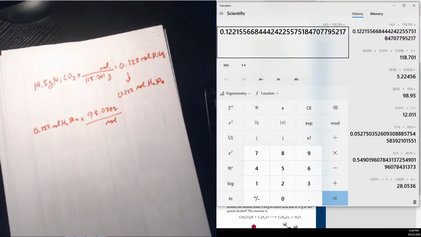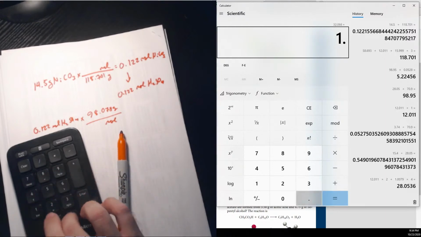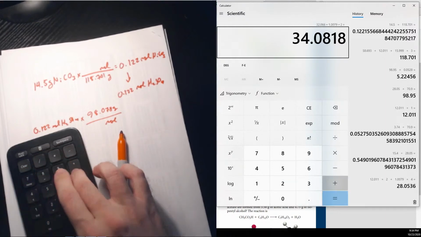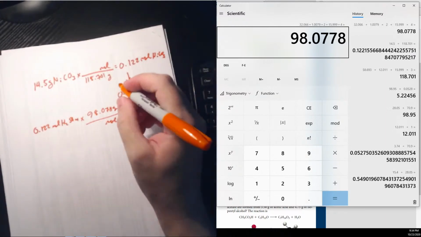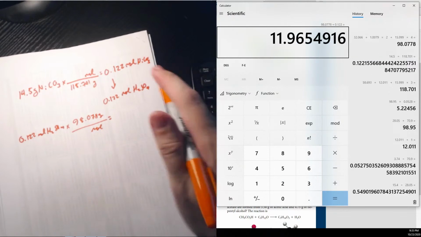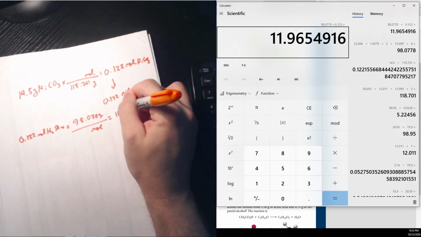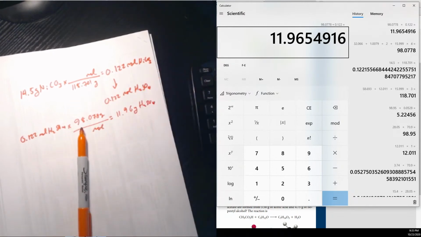I'm going to go ahead and double check that. I am getting too familiar with these things. All right. Times 0.122, 11.96 grams H2SO4. All right. That was A.